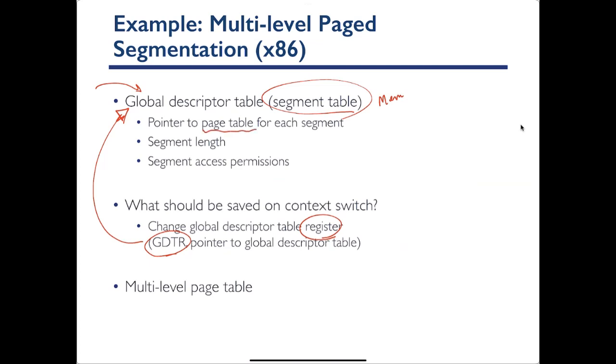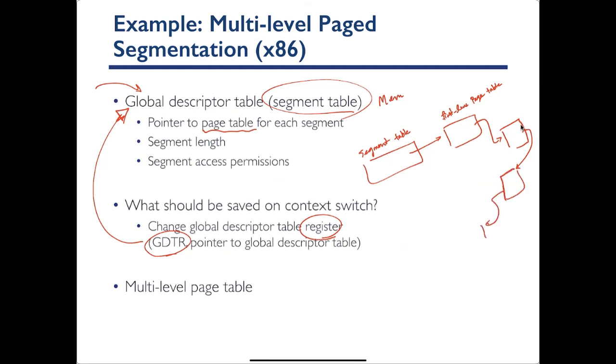This page table here is your segment table. It points to a first level page table. Then this guy points to another page table, this guy points to another page table, and this guy points to another page table.